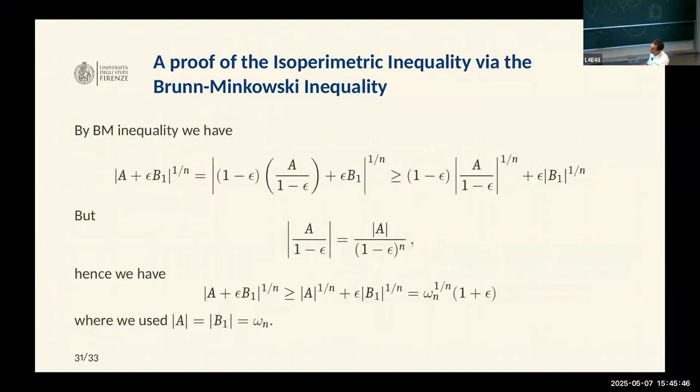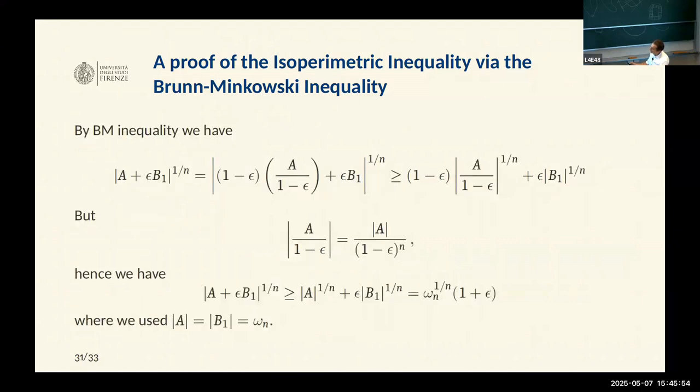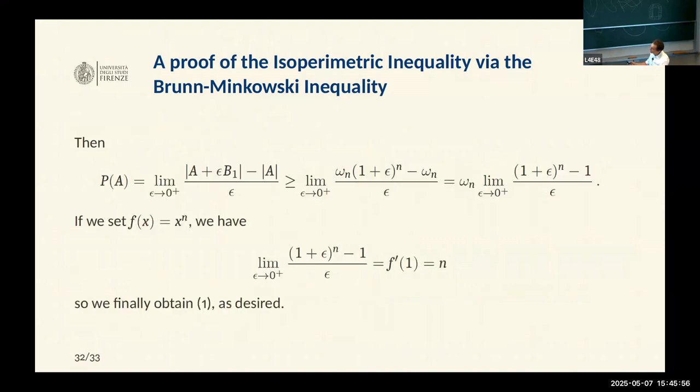Then this is 1 over n. Then you have to raise to power n, and you get Wn. You know that this is greater or equal than this. Then of course this is greater or equal than omega n times 1 plus epsilon to power n minus the volume of A, which is Wn.